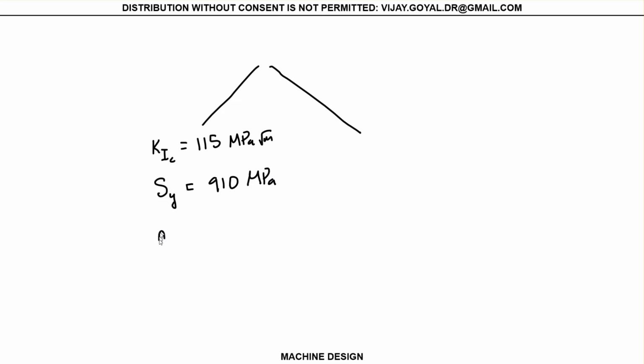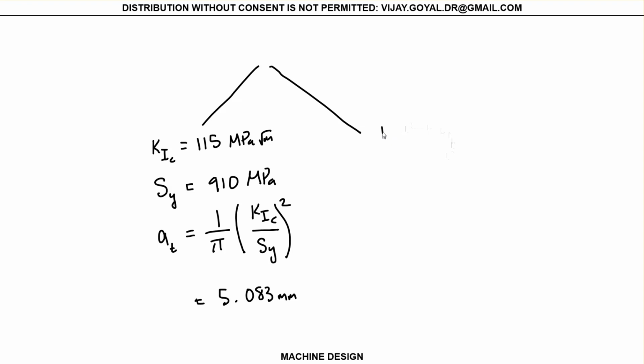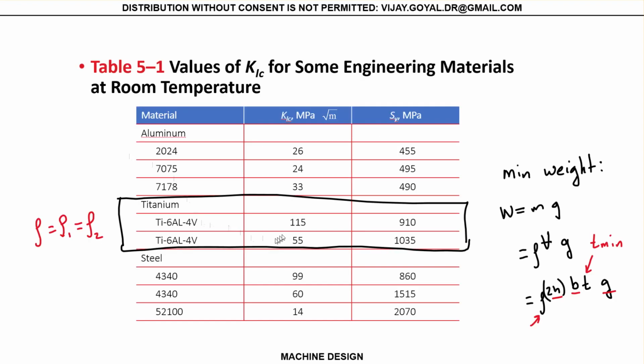So if I go ahead and evaluate my transition length, a_T = 1 over pi times (K_IC divided by sigma yield) squared. If I replace the values, this gives me 0.083 millimeters.